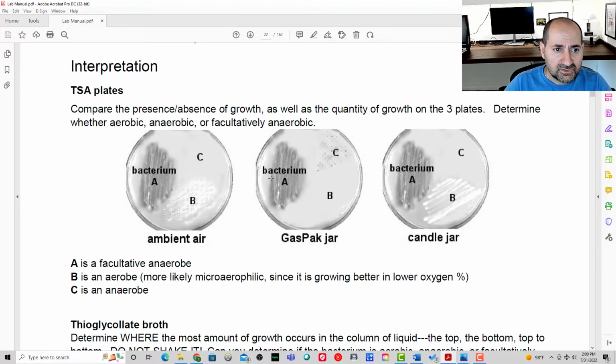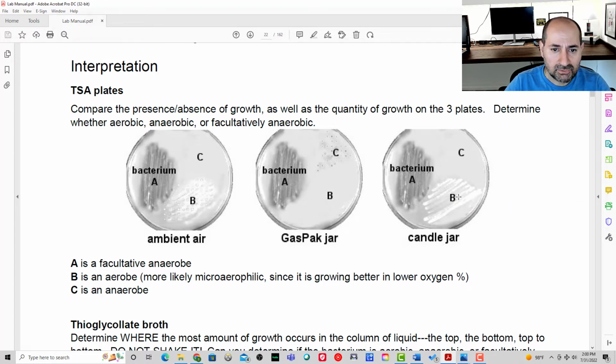Notice how bacterium A grew on all three plates. If it grew on all three plates, that means it can grow with or without oxygen, so it would be a facultative anaerobe.